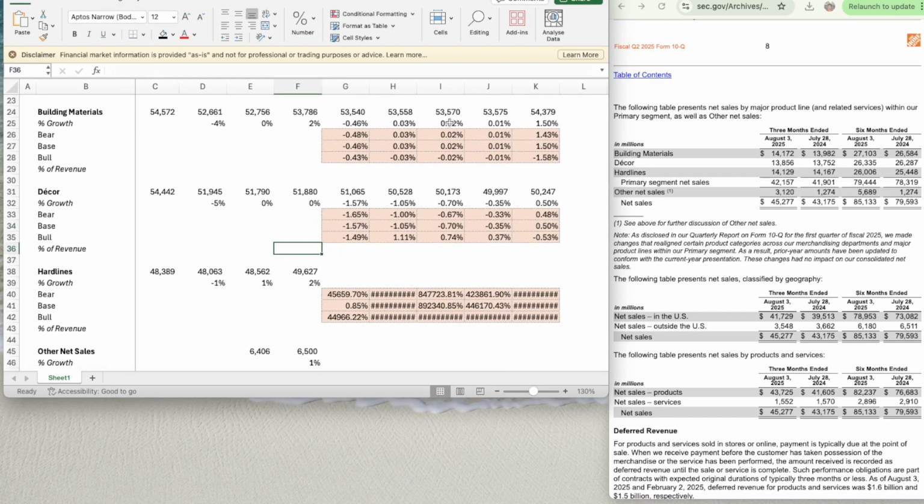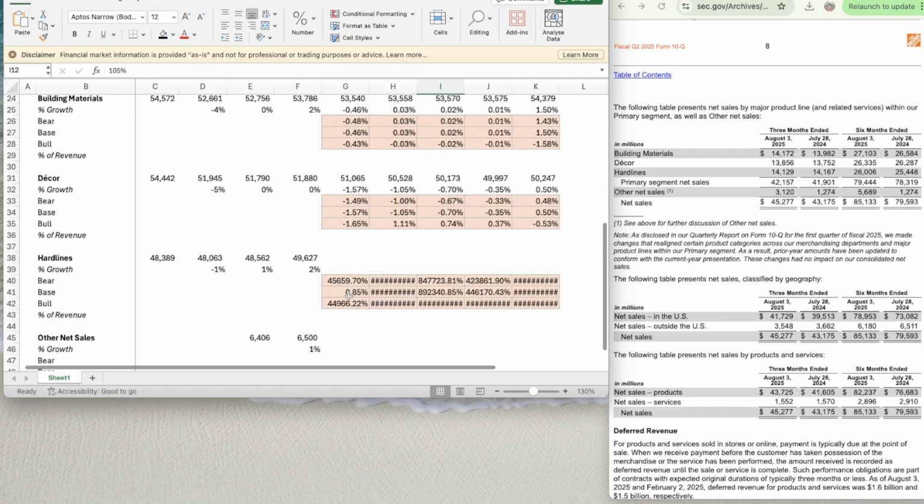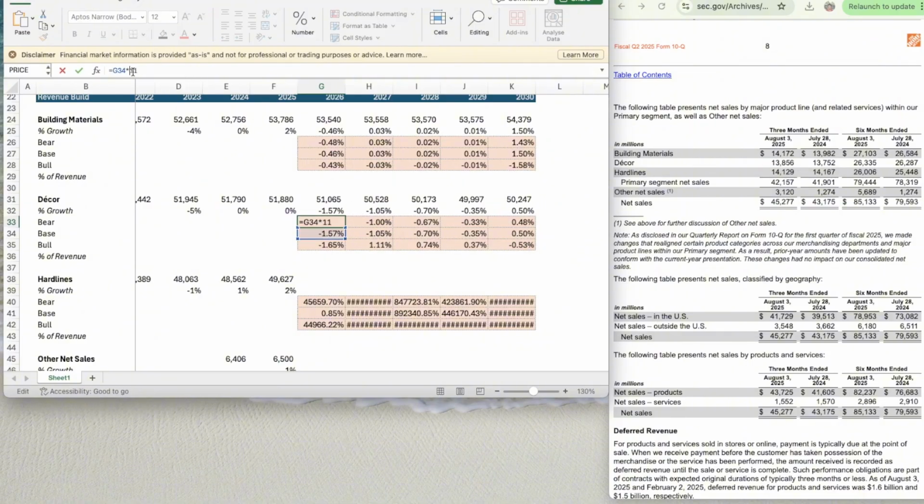Again, because most of this is going to be negative, let's switch this around for this one. So the bear is 105% and the bull is 95%, but just because we're dealing with negative numbers, we'll do it like that. Sorry, we're on this one at the moment. I forgot to do this. So let's just change it to E, but lock this in now.